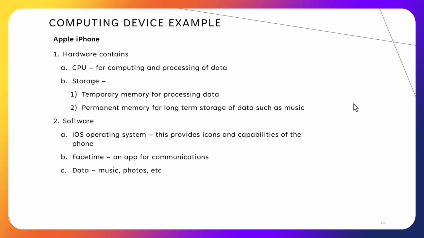Our software is Apple's iOS operating system. This gives us our icons and the capabilities of the phone. FaceTime is an app that we can use for communications. And our data is our music and photos. Data is not really software, but I had to put it somewhere.